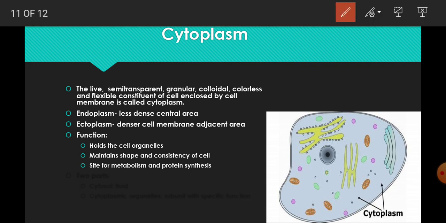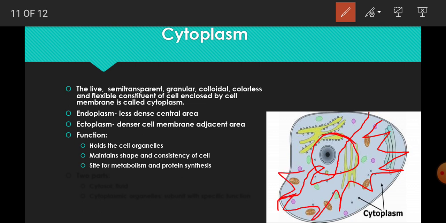The whole ash part is cytoplasm, in the center is the endoplasm, and adjacent to the cell membrane is the ectoplasm.